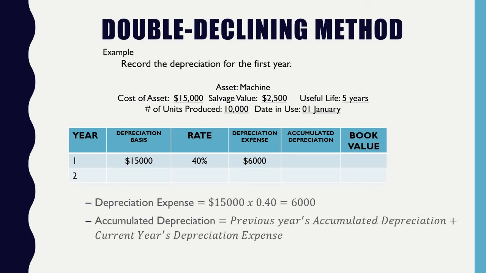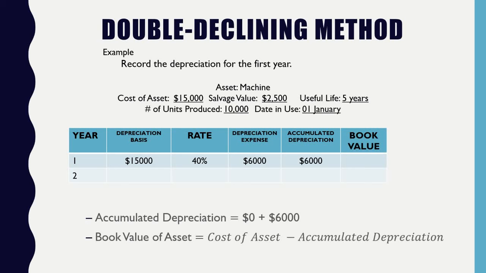Previous years plus current year. So there's no previous year. So is it 15,000? What's the current year's depreciation expense? Oh, sorry, the 6,000. 6,000 is correct. So that's what you start off with.